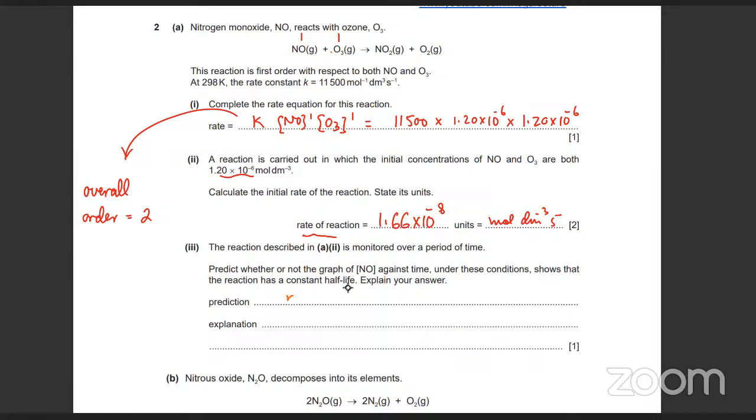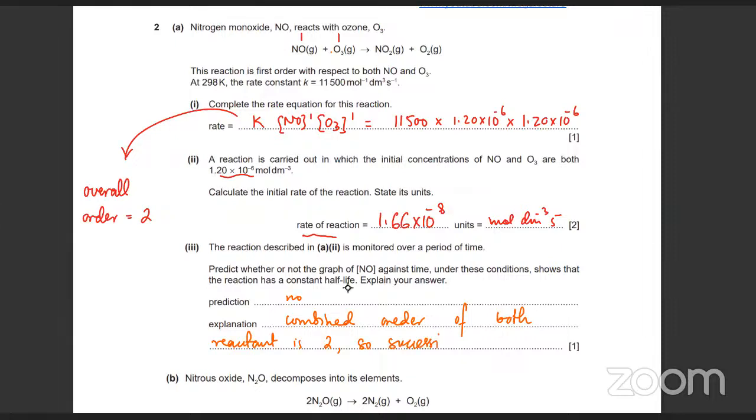No, it won't have a constant half-life because the combined order of both reactants, or the overall order, is 2. And in a second order reaction, the half-life doubles.